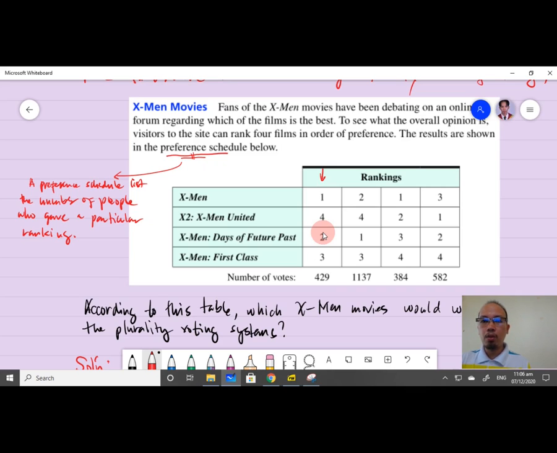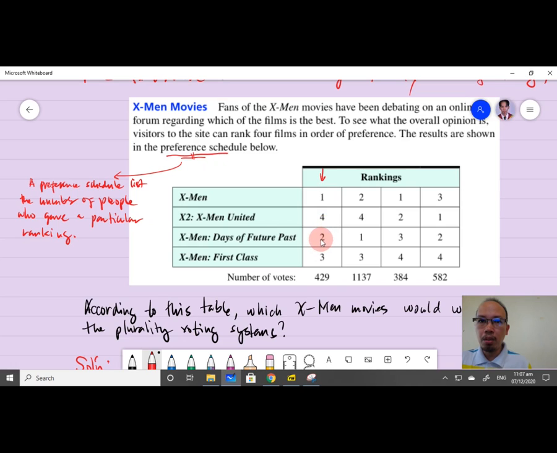That is for these 429 voters. Okay, that's what we mean by this preference table. This number here, 1137, their top 1 is the X-Men. This one here, this 129, means that this is their top 1.